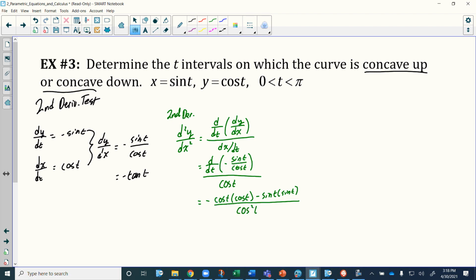And all of that is over cosine of t. So instead of dividing by cosine of t, I'm going to multiply by its reciprocal, 1 over cosine of t.